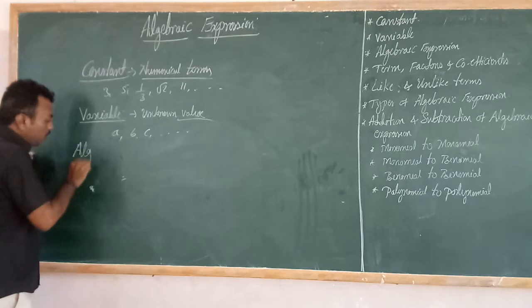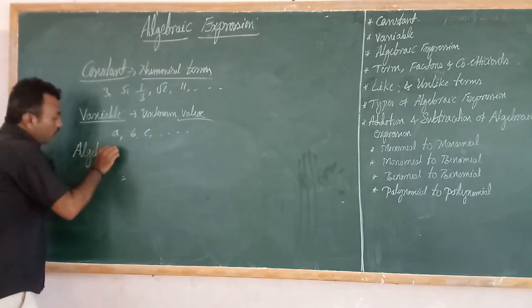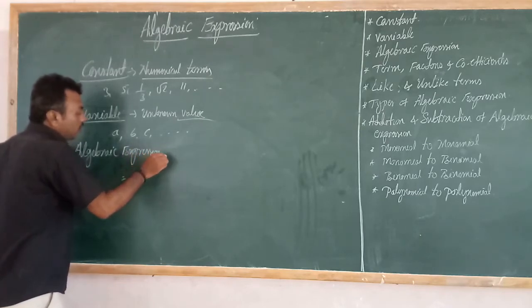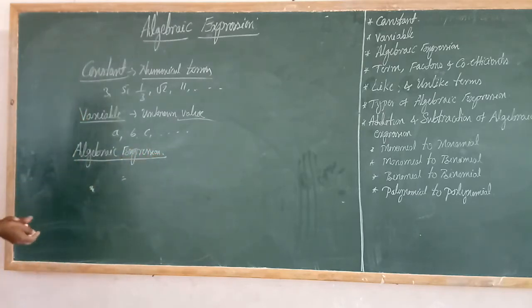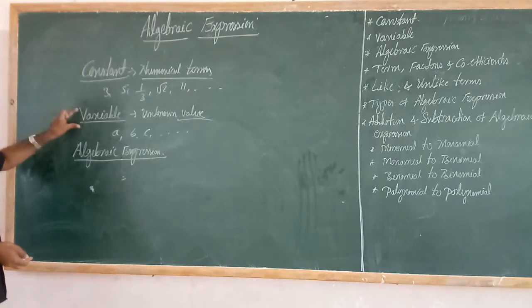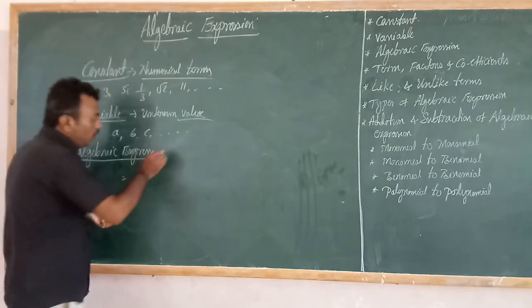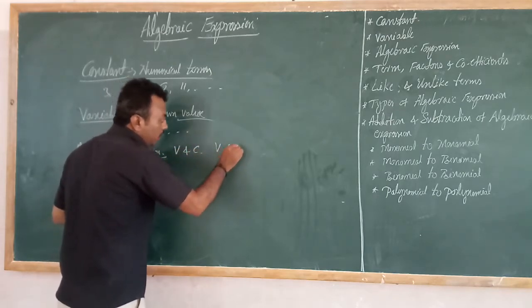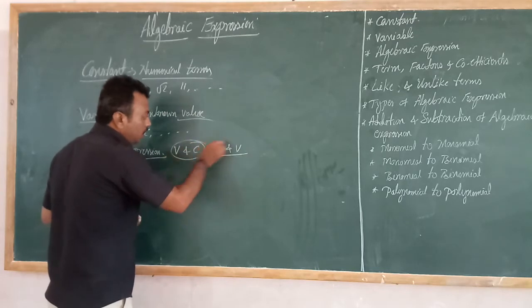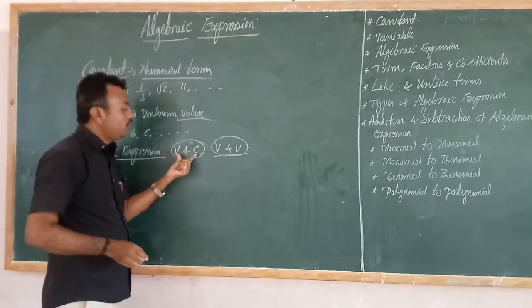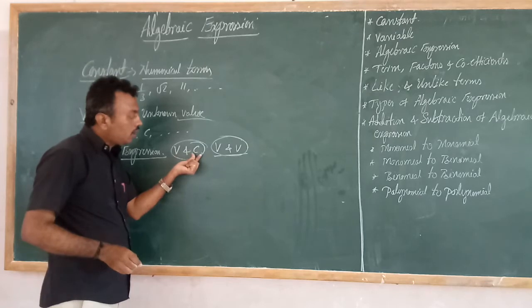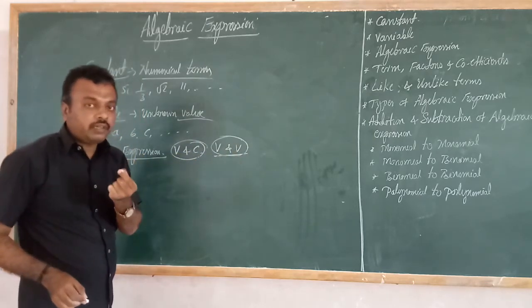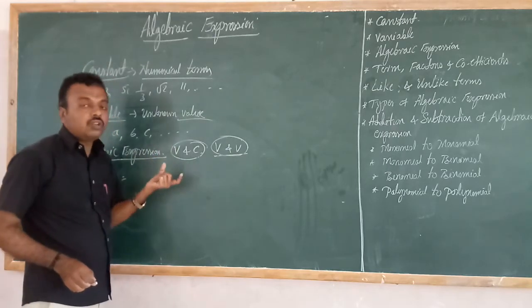Algebraic expression. What do you mean by algebraic expression? See students, a combination of constant terms and variable terms, or variable and variable terms, connected by any of the 4 fundamental operations, is called an algebraic expression.